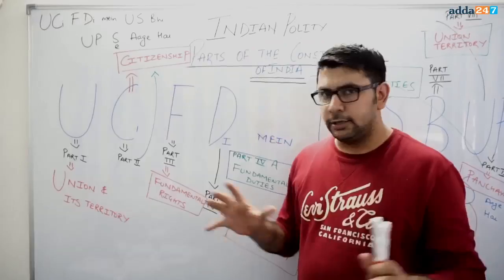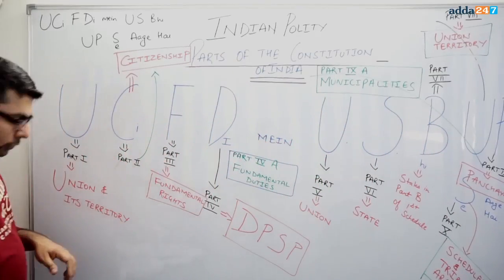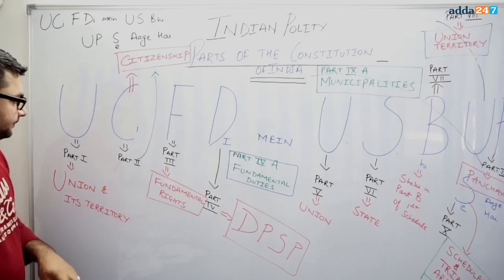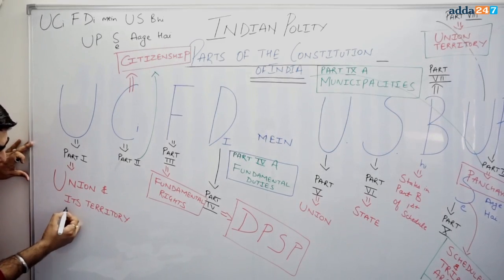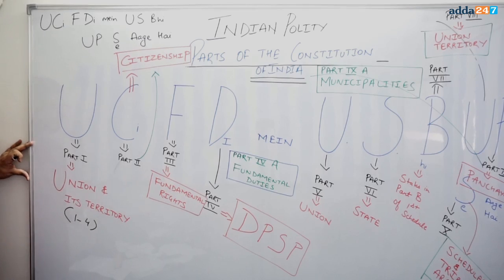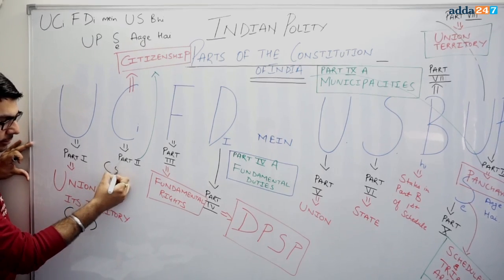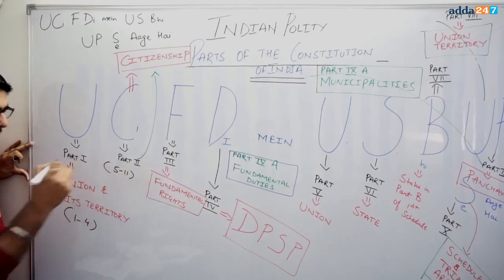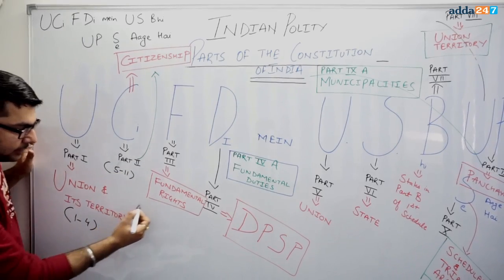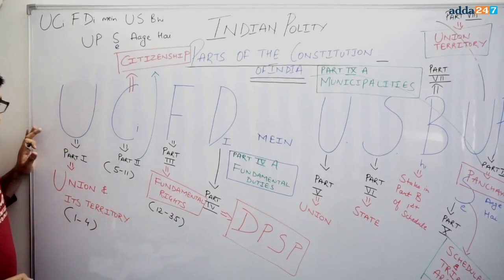Now, what are the articles lying in the parts? So let's discuss the articles. Union and Territory, Article 1 to 4. Citizenship, Article 5 to 11. Fundamental Rights, Article 12 to 35.